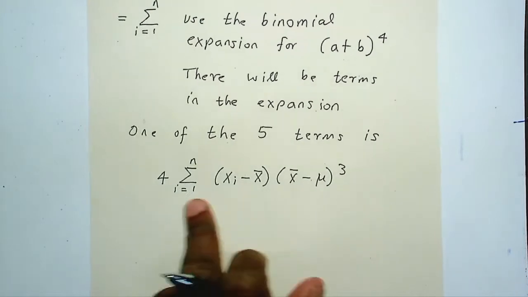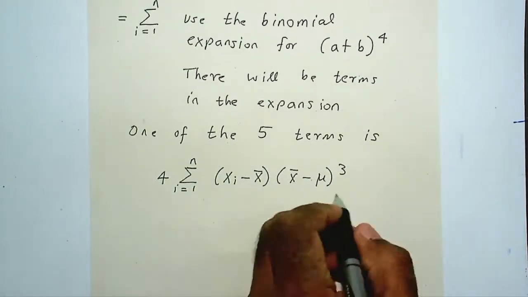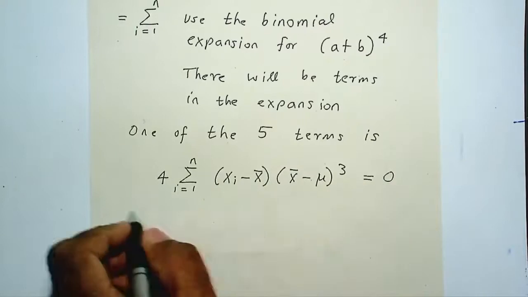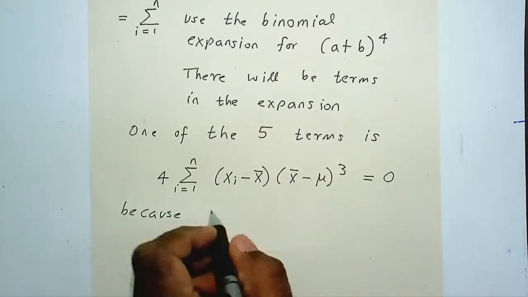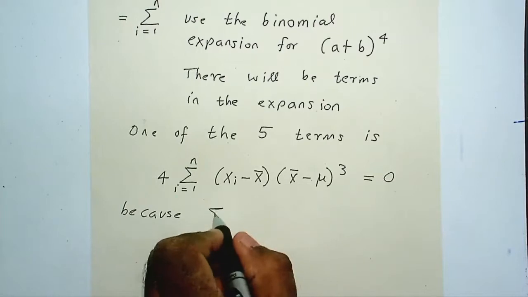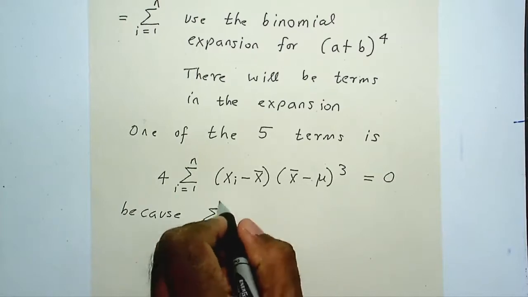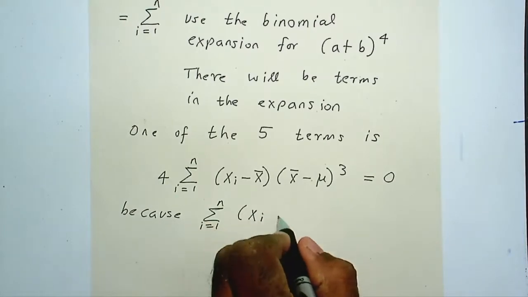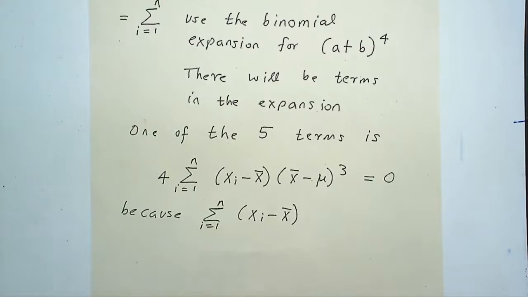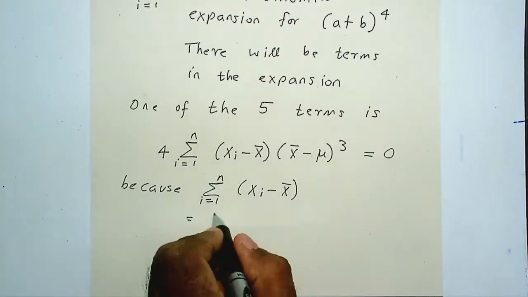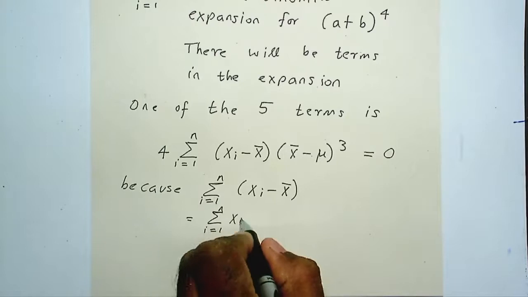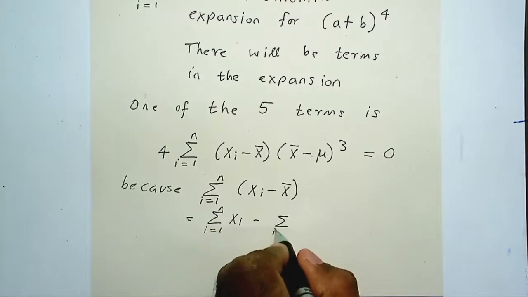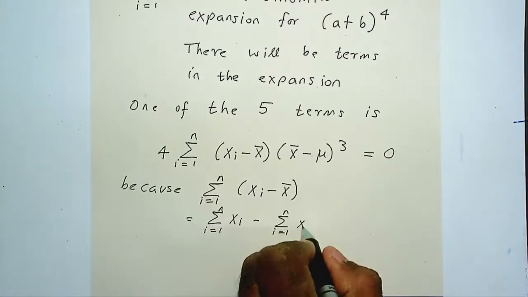So this term is 0 because the sum of xi minus x bar can be written as the sum of xi minus the sum of x bar.